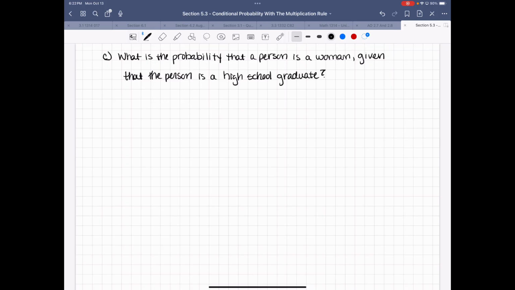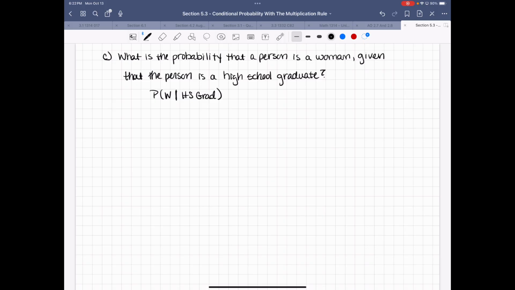So we're going to have to find a couple of things here. We want the probability that the person is a woman given that the person is a high school grad. Now, I write it like this so that we can fill in the formula and know what we're supposed to do first.